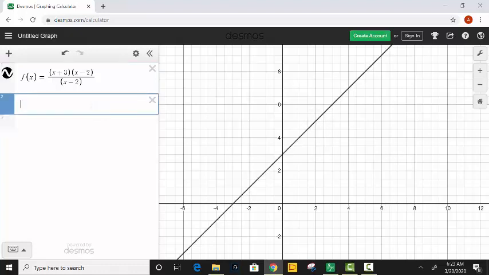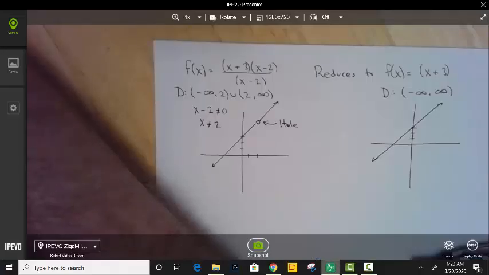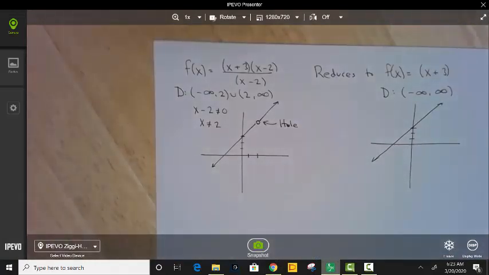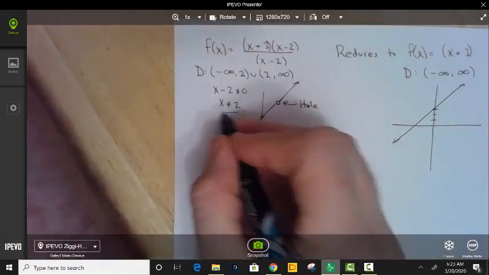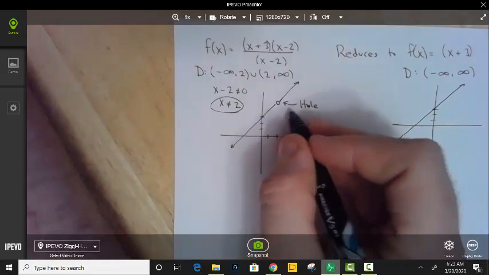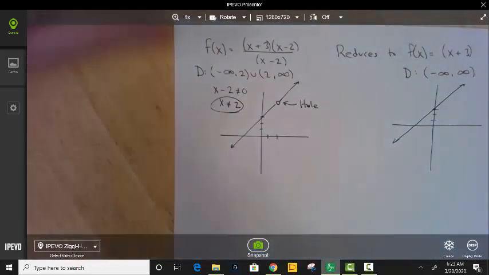Whereas if I come in here and just type in f of x equals x plus 3, and then I do the trace command, at 2 we get that it is not 2 comma undefined, but it's 2 comma 5. So this function does exist at 2, whereas the top function does not. Okay, so we can't always just look at the excluded values, the implied domain, and know if it's an asymptote or a hole.